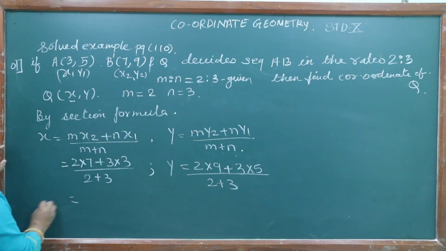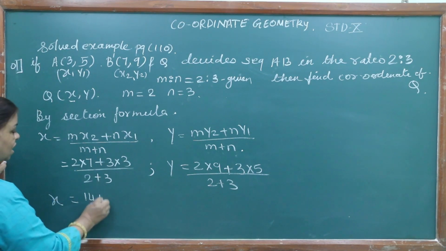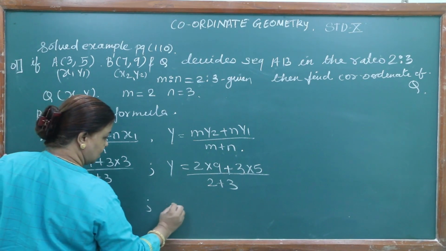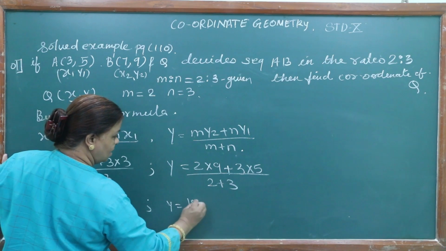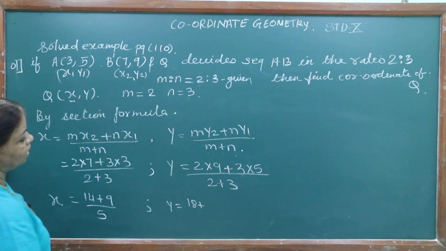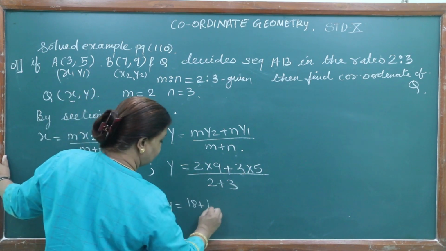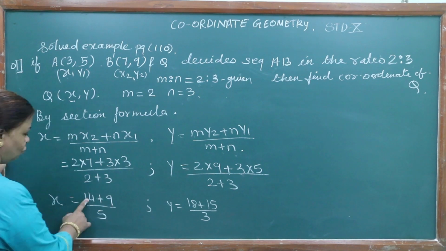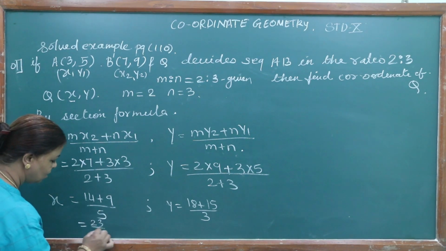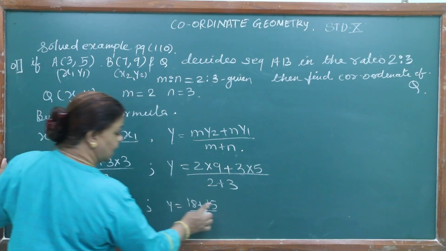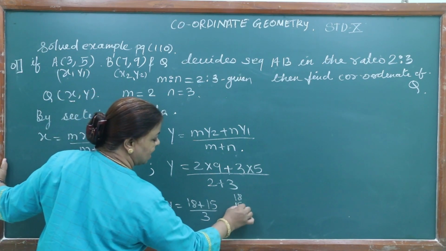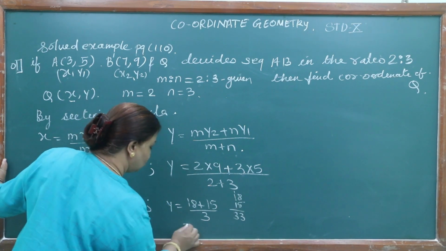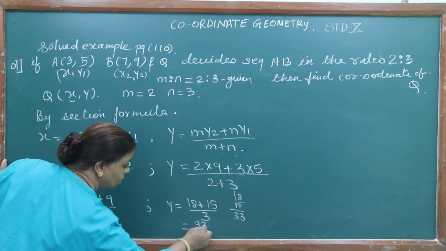Then we get x as 2 sevens are 14 plus 9 upon 5, and here 2 nines are 18 plus 3 fives are 15 upon 5. So 14 plus 9 is 23 upon 5 for the x coordinate, and 18 plus 15 is 33, so it will be 33 upon 5.